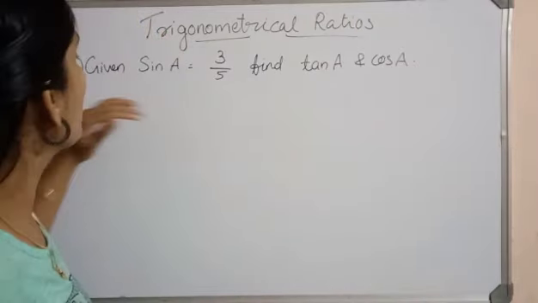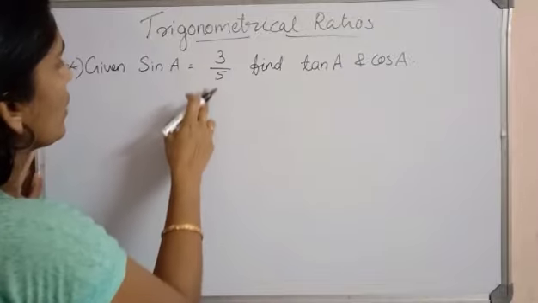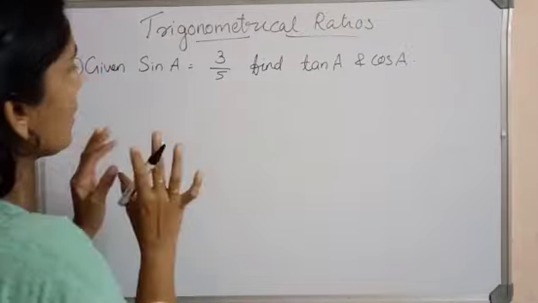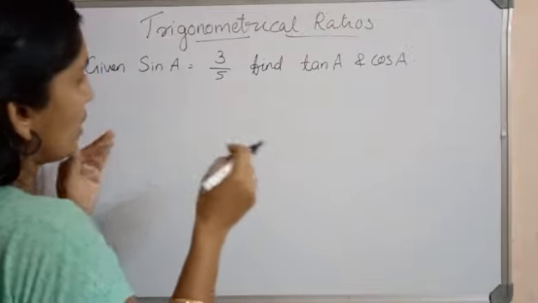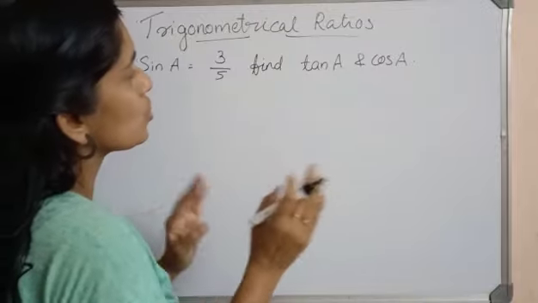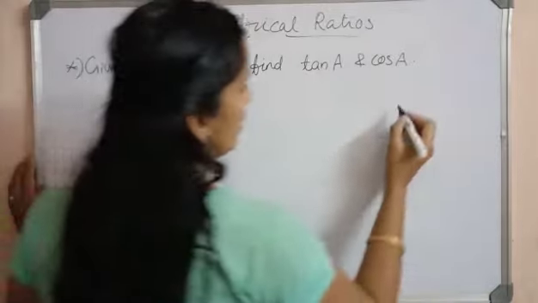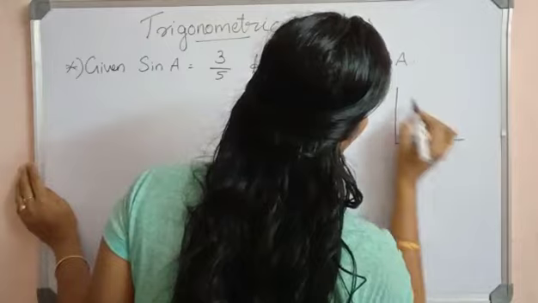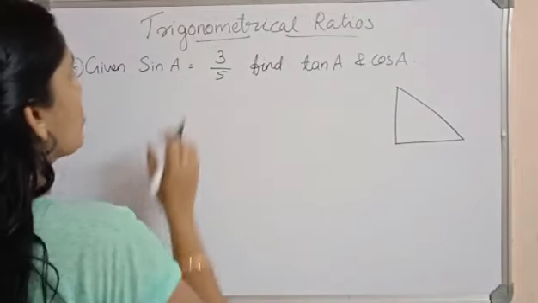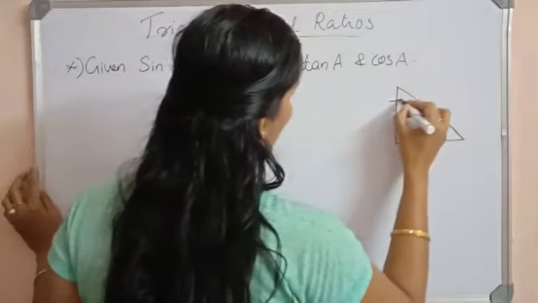Consider another question. Given sin A is equal to 3 by 5, find tan A as well as cos A. Here there is no triangle given. So whenever we solve any such question, the first step is to draw a right angle triangle. Let's draw a triangle. It is given that sin A is 3 by 5, which means A is an acute angle.